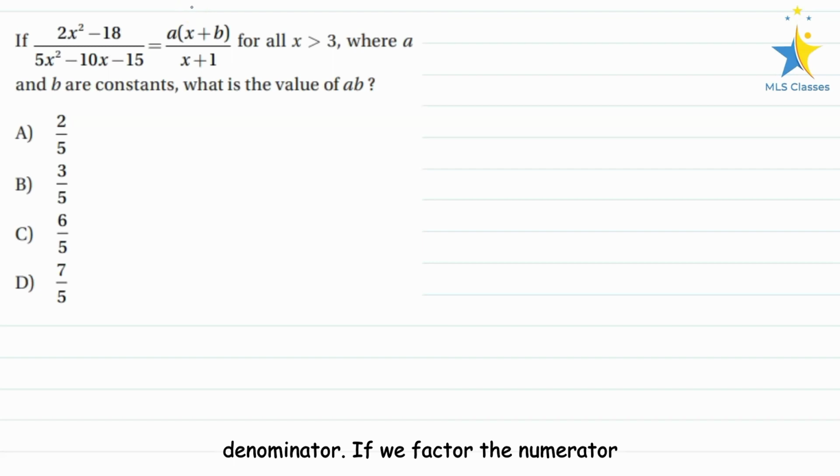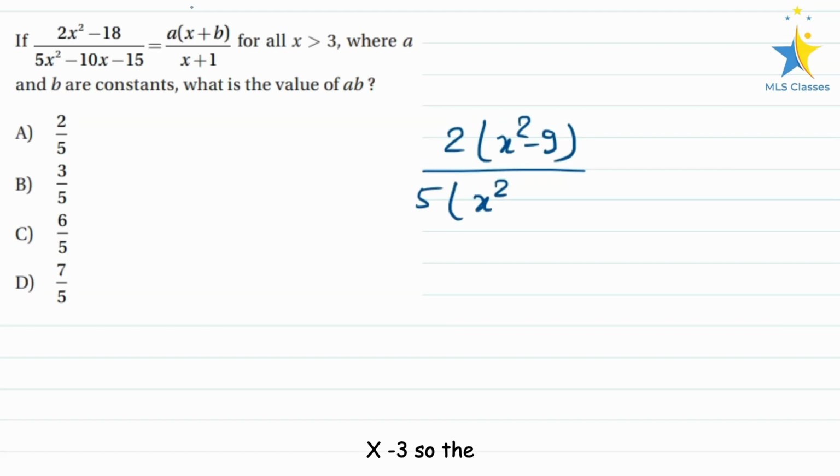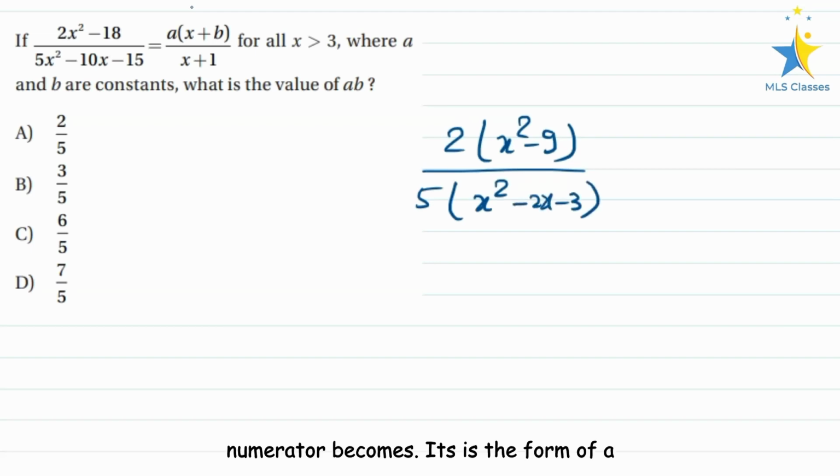If we factor the numerator, we will be getting 2 times x square minus 9, divided by, we can take 5 common, and we will be getting x square minus 2x minus 3. The numerator is in the form of a square minus b square, so it will become 2 times a minus b times a plus b.